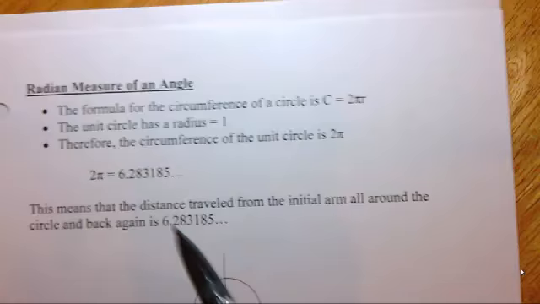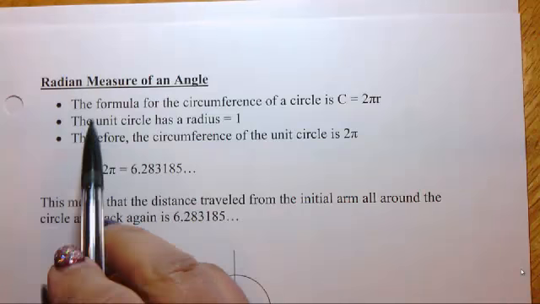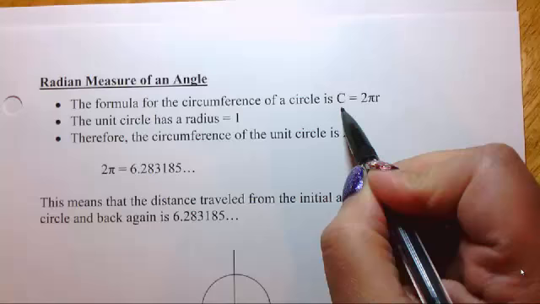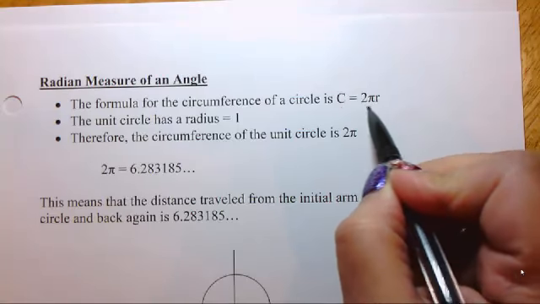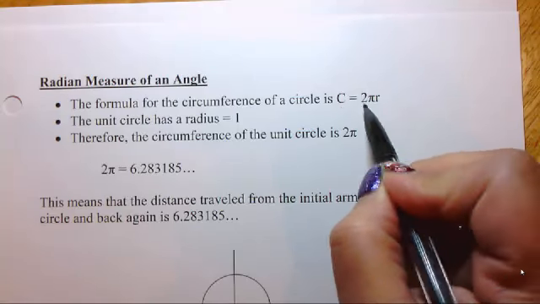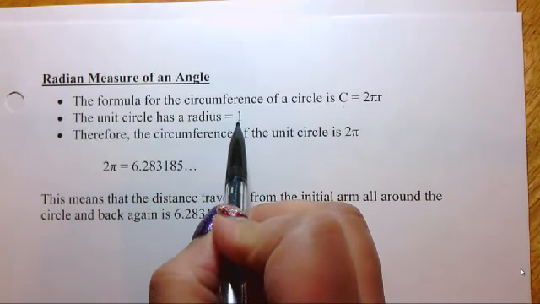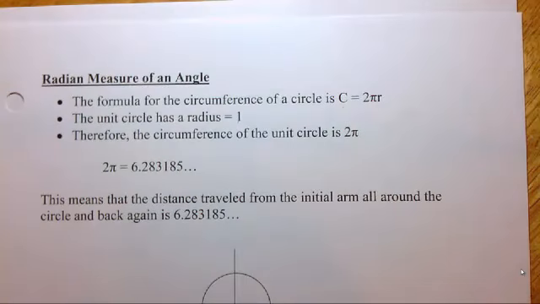Now we know this formula from very long time ago, that the circumference of any circle is 2 pi r. The unit circle has a radius of 1, so that's a unit. So we're measuring the length of 1 for the unit circle.